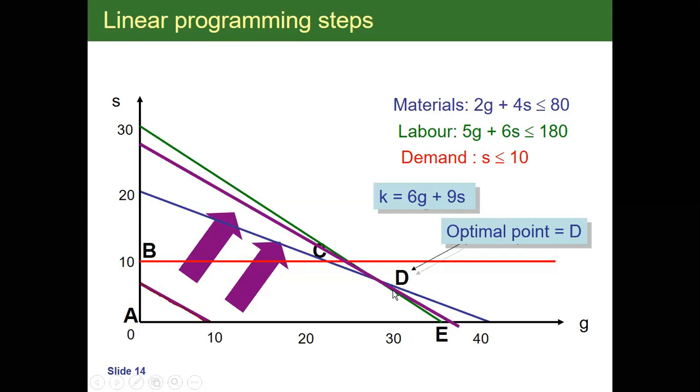This is the production point which you should be making, which means that at this point you would see the number of G's and the number of S which you should be making. Maybe 30 G or maybe, I don't know, 6 S. Now, probably you did this manually, so there is a possibility that you make some error.